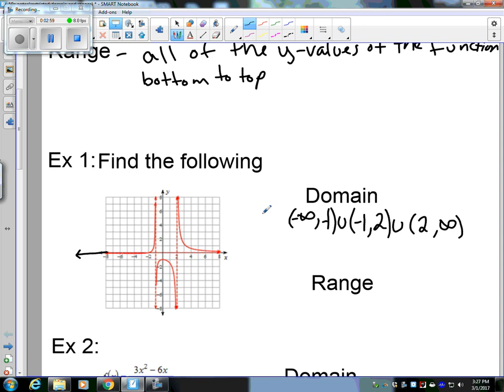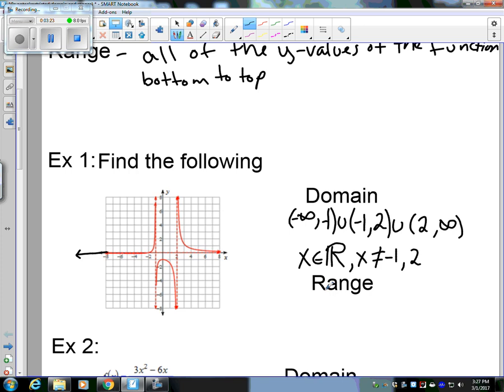You could write this domain as x is an element of all real numbers, such that x cannot equal, and you just write down the asymptotes, -1 and 2. So you could write it that way too. Either way, the domain is fine.